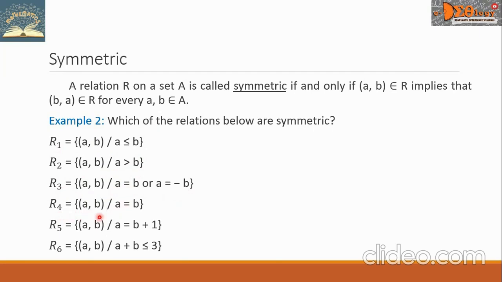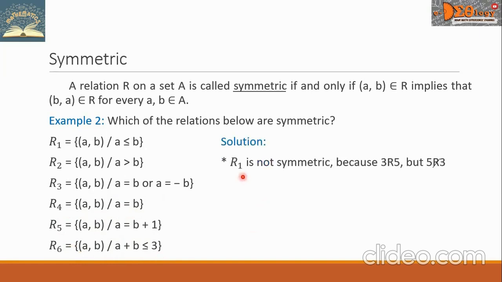Relation 4: the ordered pairs (a, b) such that a equals b. Relation 5: the ordered pairs (a, b) such that a equals b plus 1. Relation 6: the ordered pairs (a, b) such that a plus b is less than or equal to 3.